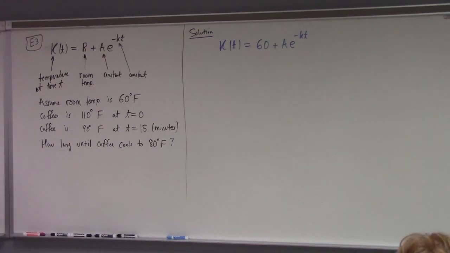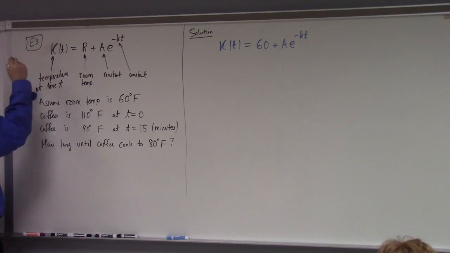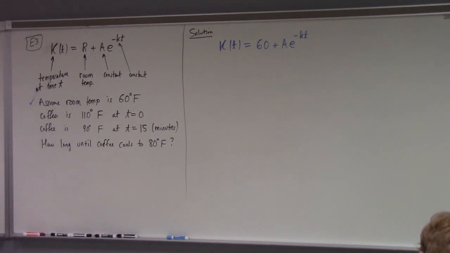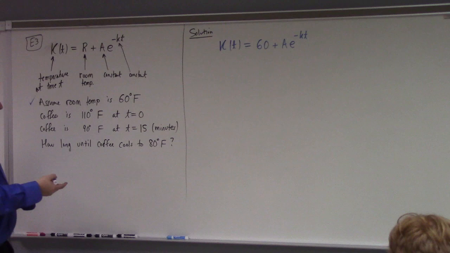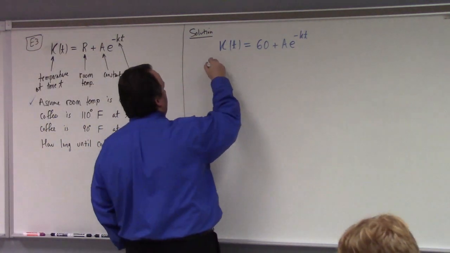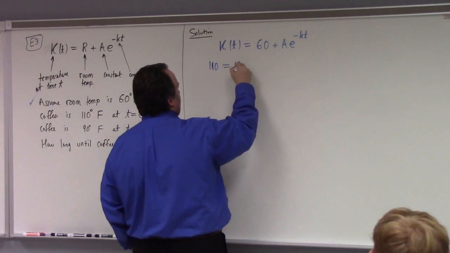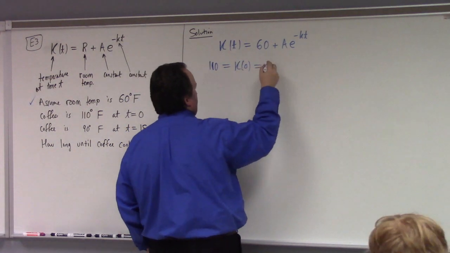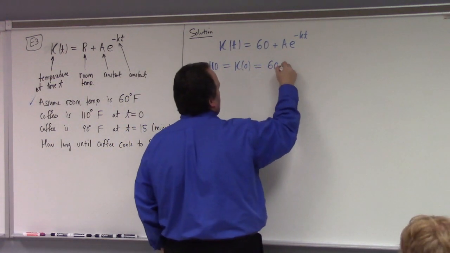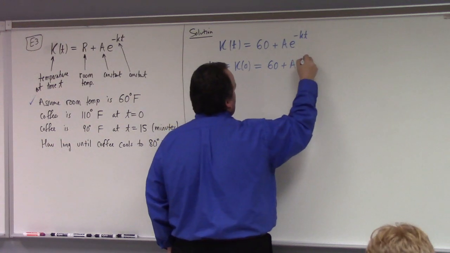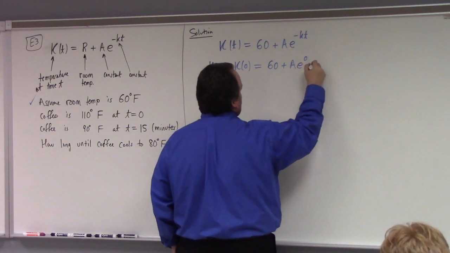Now I use this information, right? Check. Let's use the next piece of information. The 110 degrees Fahrenheit: 110 is equal to K of 0, temperature at time 0, which would be what? 60 plus A times e to the 0, which is 1, right?